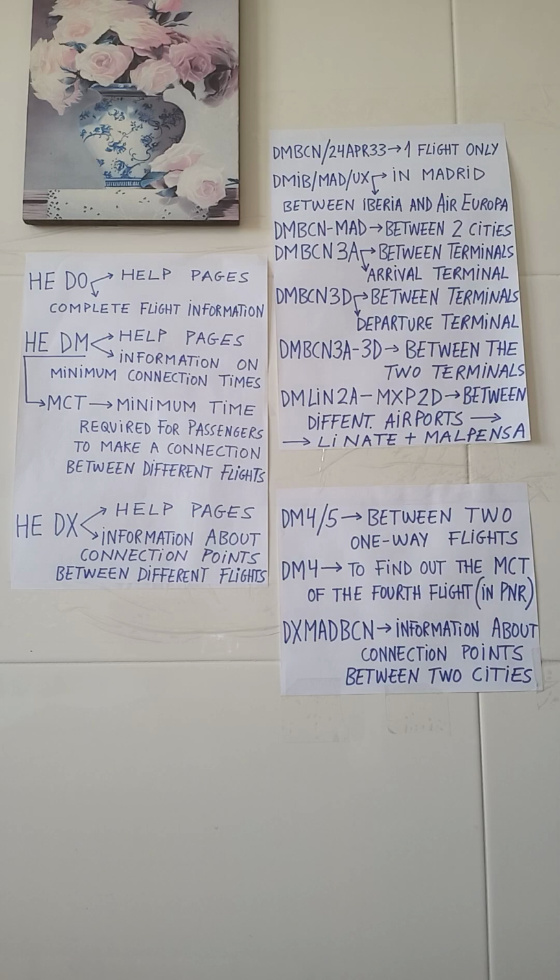Another transaction. DMLIN2A-MXP2D is used to perform the search for the minimum connection times that apply between two terminals of two different airports. In this case, both airports are located in the Italian city of Milan.